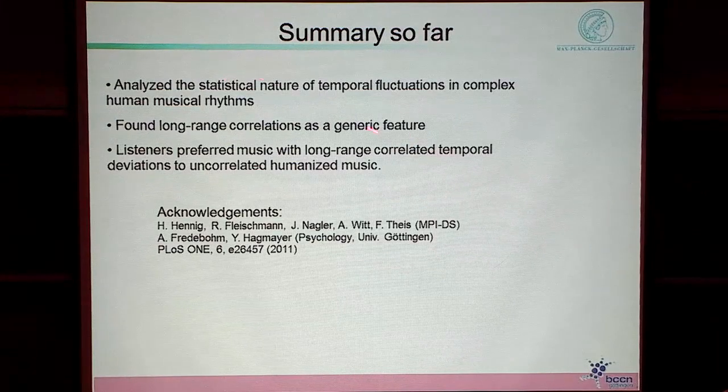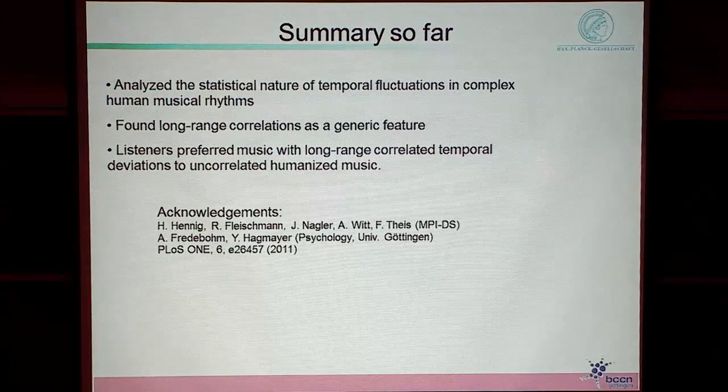So we analyzed the statistical nature of temporal fluctuations in complex musical rhythms, and we found long-range correlations as a generic feature. That means long memories of these deviations. And the listeners preferred music with long-range correlated temporal deviations to uncorrelated humanized music.